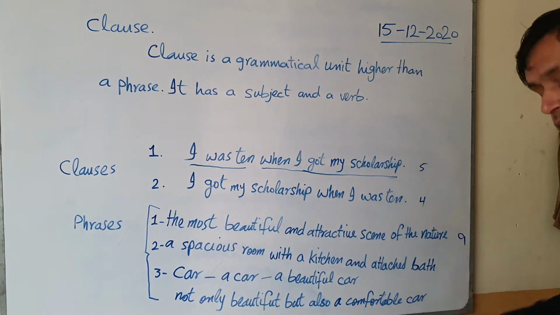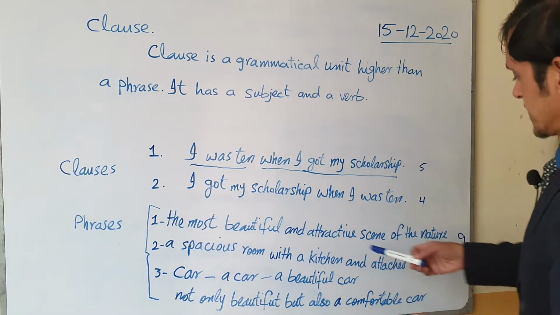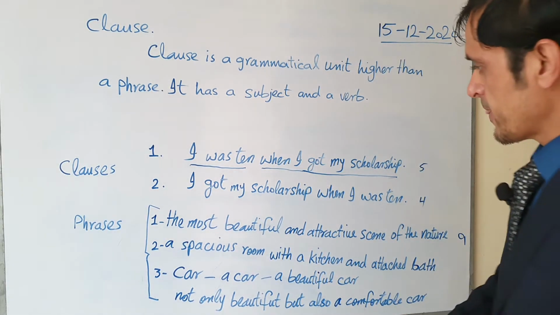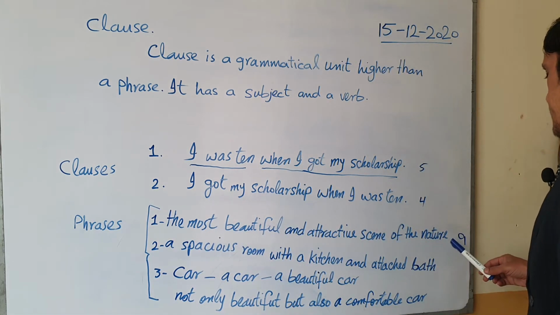This is a large phrase, but still it is a phrase, not a clause, because it does not have any subject and verb. The most beautiful and attractive scene of the nature.